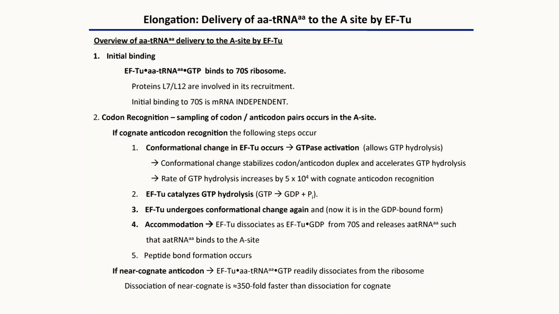What happens next is that there's codon recognition. So we need to think about that tRNA entering the A site, and there's some sort of sampling that occurs in the decoding center. So sampling of codon-anticodon pairs in the A site.